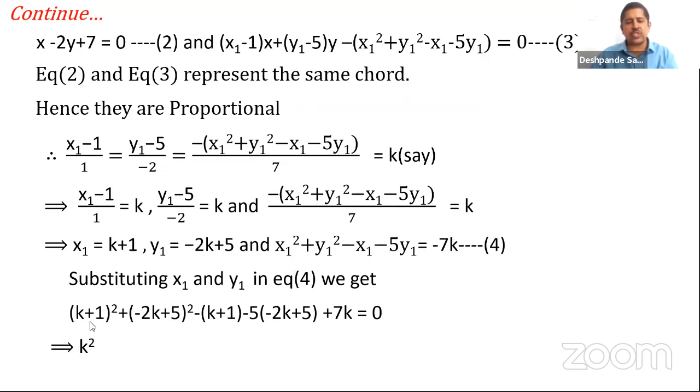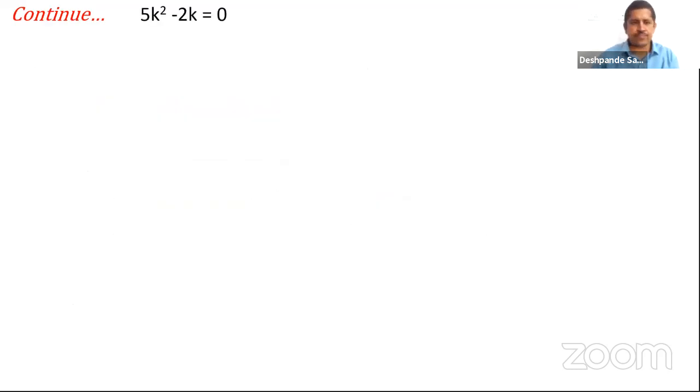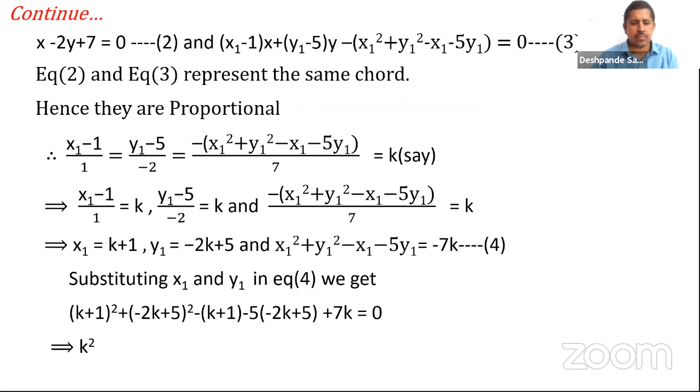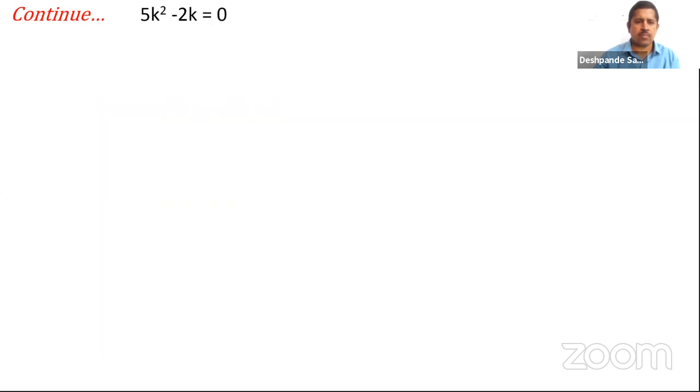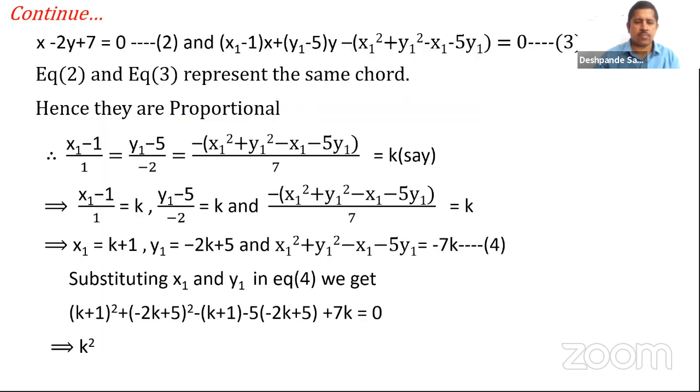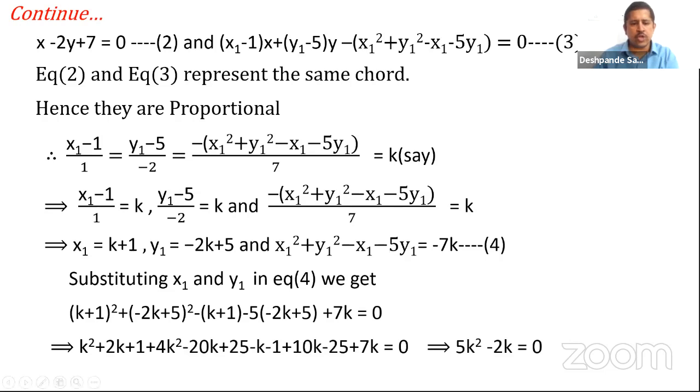So expand this. k plus 1 whole square is k square plus 2k plus 1. Then you got minus 2k plus 5 whole square, which is 4k square minus 20k plus 25. Then you got minus k minus 1. Then you got plus 10k minus 25 plus 7k.